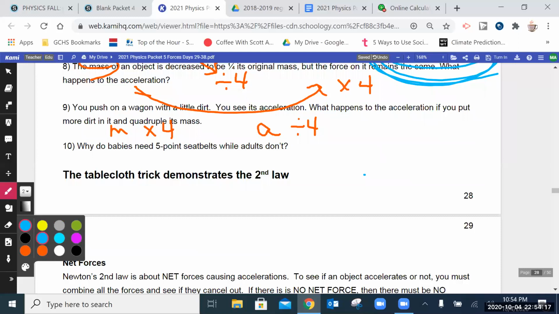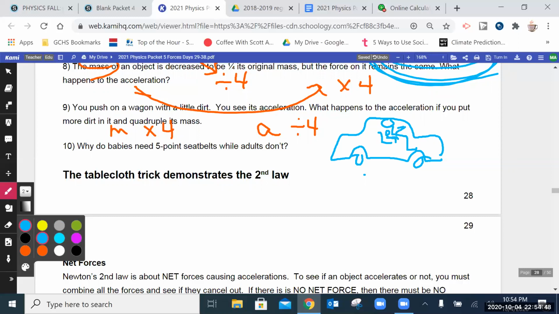Number 10, why do babies need a 5-point seatbelt while adults don't? Okay, so if we look at an adult and a baby in a crash. So here we have the baby in the seat, little car seat, and then we have the big adult. The big adult in a crash will have, well, let's say it's a mild fender bender.